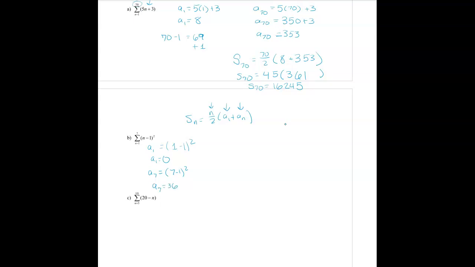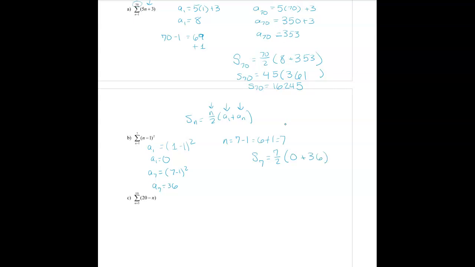In order to figure out what n is, I take my upper limit, which is 7, subtract the lower limit, which in this case is 1, and that gives me 6, and then I add 1, which gets me back to 7. Now I've got everything I need. S sub 7 is equal to 7 divided by 2 times a sub 1, which is 0, plus 36.